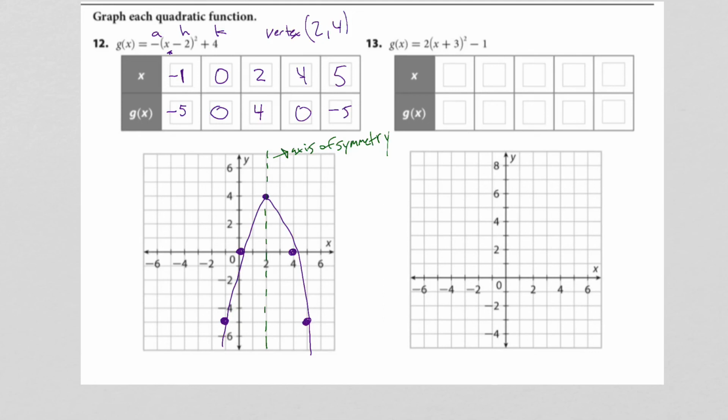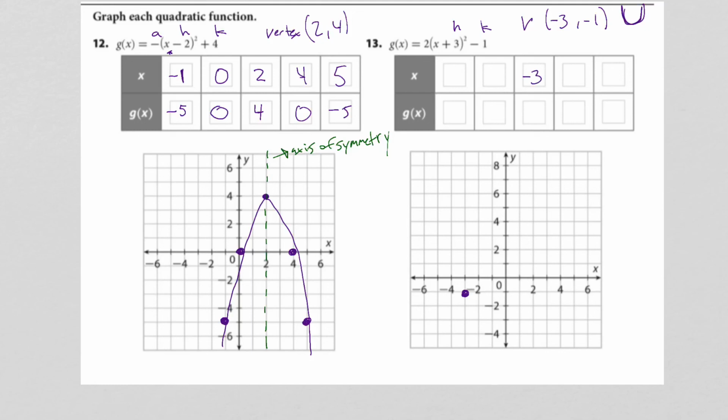So let's try this other example, right? Our vertex is going to be negative 3, negative 1, because there's h, there's k. A is positive, so this is going to open upwards. And let's find our vertex. Negative 3, negative 1. There it is.